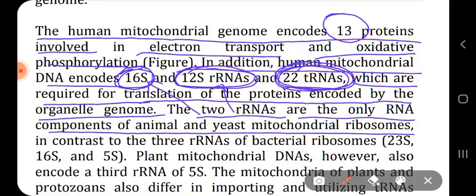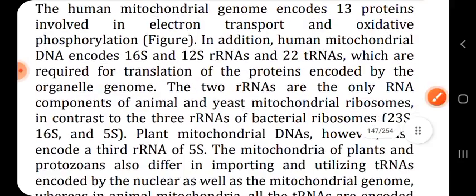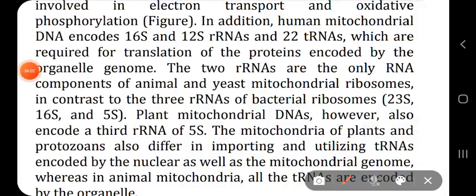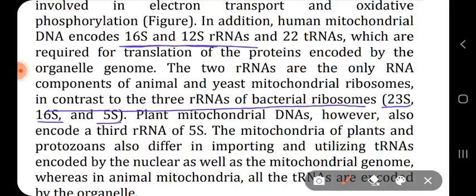So these two rRNAs, 16S and 12S, are the only RNA components of animal and yeast mitochondrial ribosomes, in contrast to the three rRNAs of bacterial ribosomes: 23S, 16S, and 5S. That means you can compare the 16S and 12S rRNA with the three rRNAs found in bacterial ribosomes.